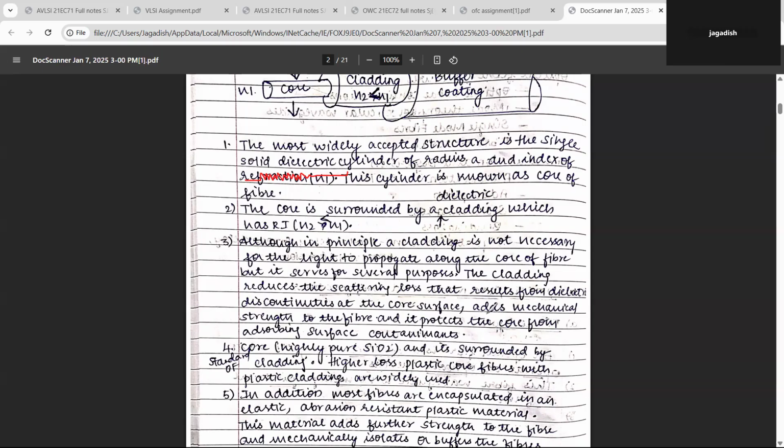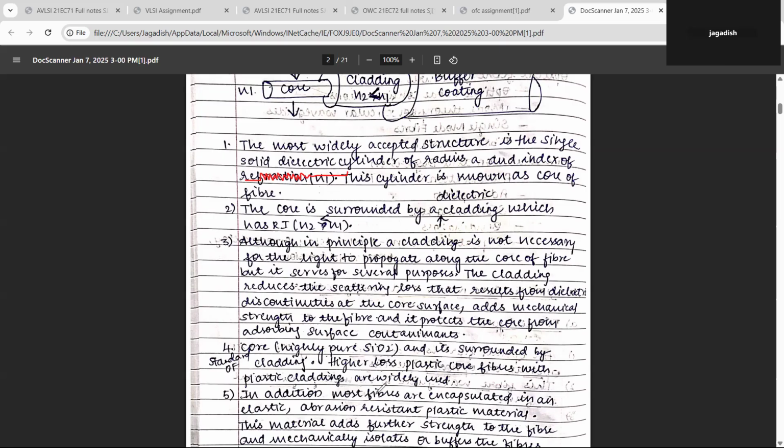So we will be using plastic core and plastic cladding for the manufacturing of the optical fiber. Core is usually SiO2, pure silicon dioxide.